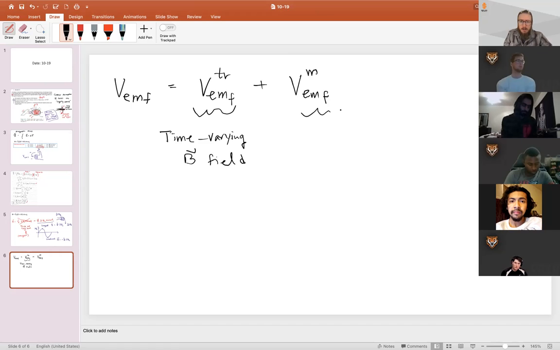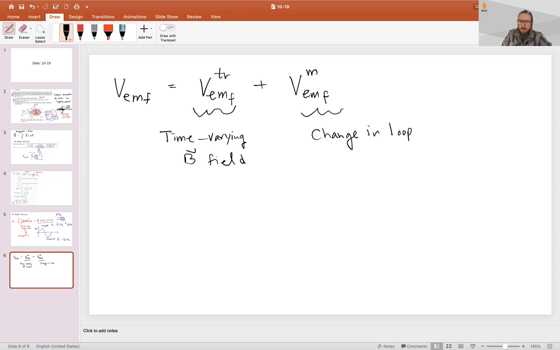And this one is due to changes in the loop size or movement in the loop. Under what conditions would the loop size change?